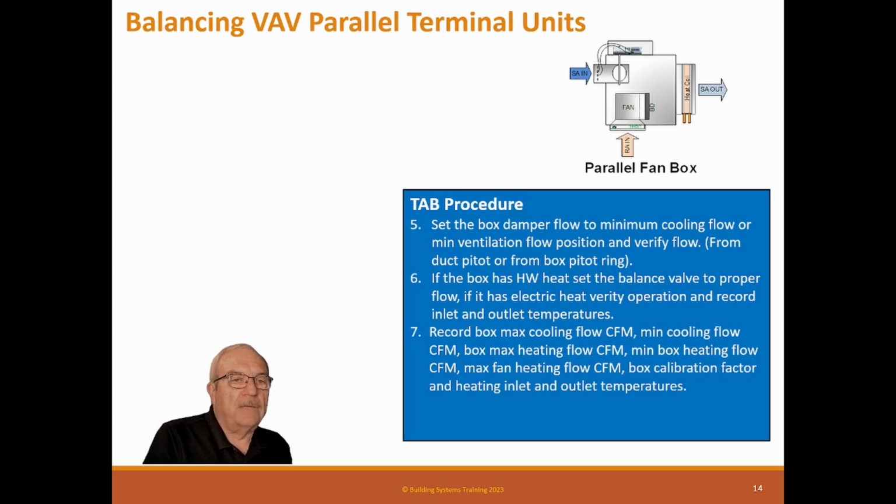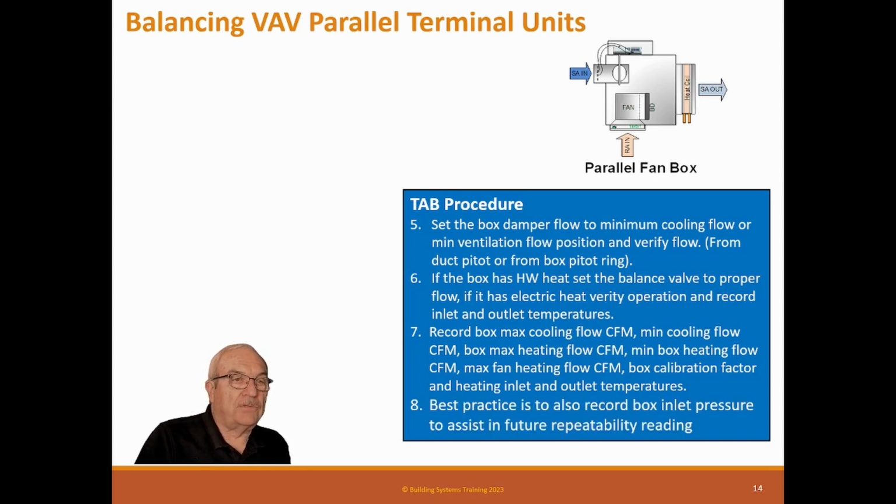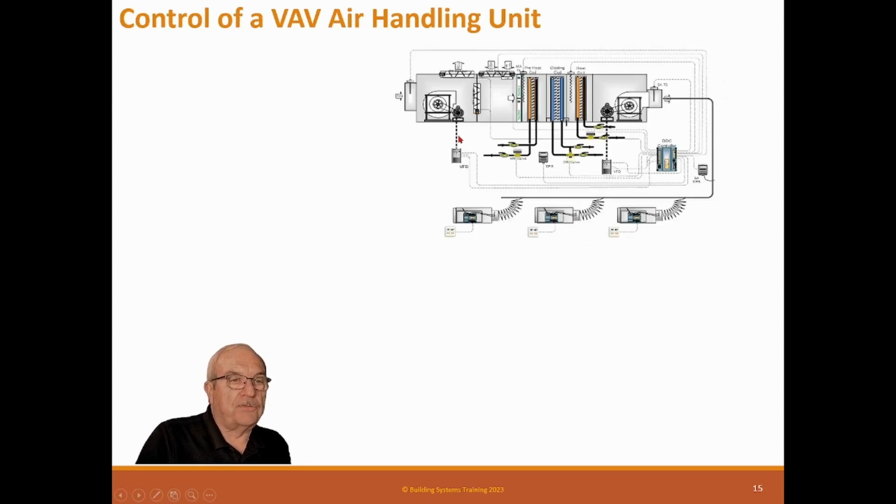Record the box maximum cooling flow, minimum cooling flow, box maximum heating flow CFM, box minimum flow CFM, and maximum fan heating flow CFM. So you have to read the air valve for both heating and cooling maximums and minimums, and then read what the fan does, and put these in your report. Also the box calibration factor and the heating inlet and outlet temperatures. Best practice again is to always record a static pressure upstream.